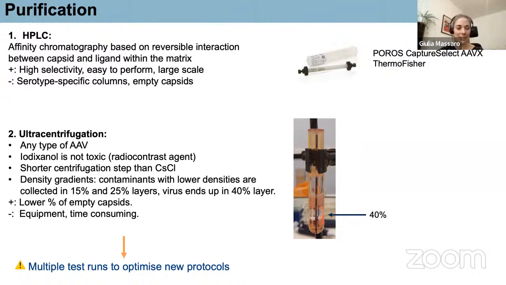So before having the first user come in and produce their vector, I had to run multiple test runs to optimize the new protocols according to the new equipment that we had.